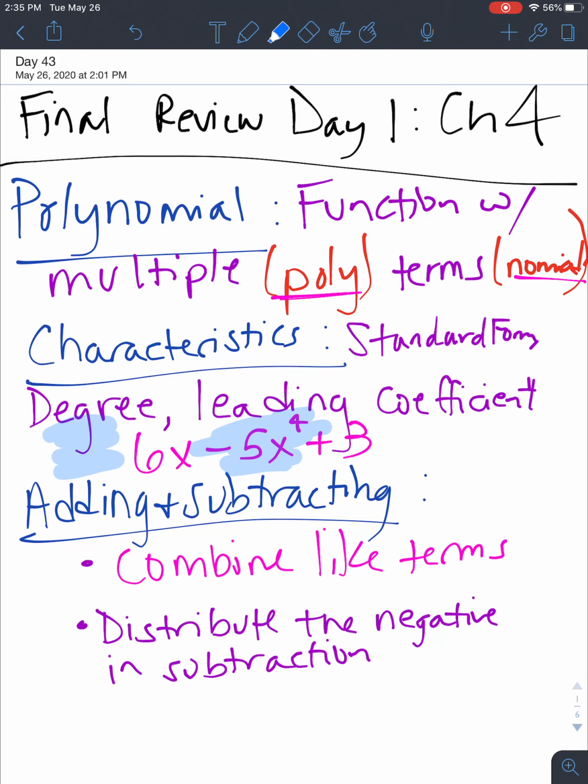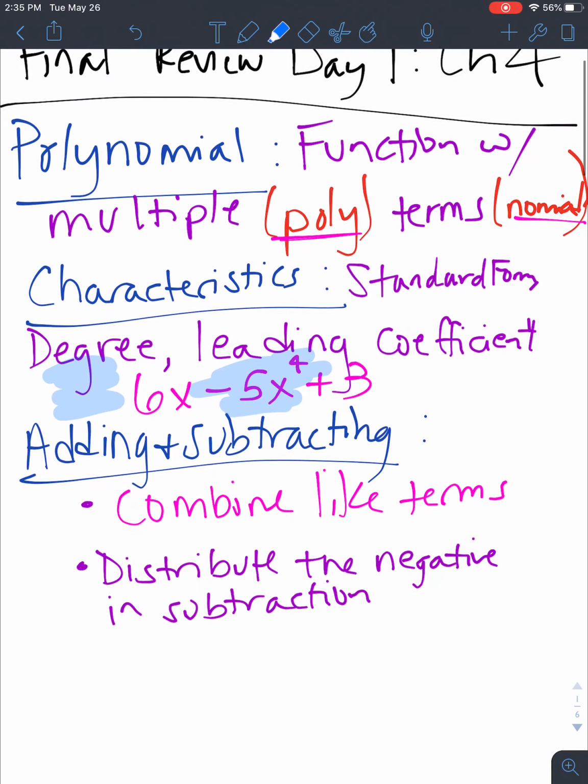Your leading coefficient is always the number in front of the biggest power of x. So in our case, standard form would be negative 5x to the fourth plus 6x plus 3. Our degree would be 4 because it's our highest power of x, and our leading coefficient would be negative 5.